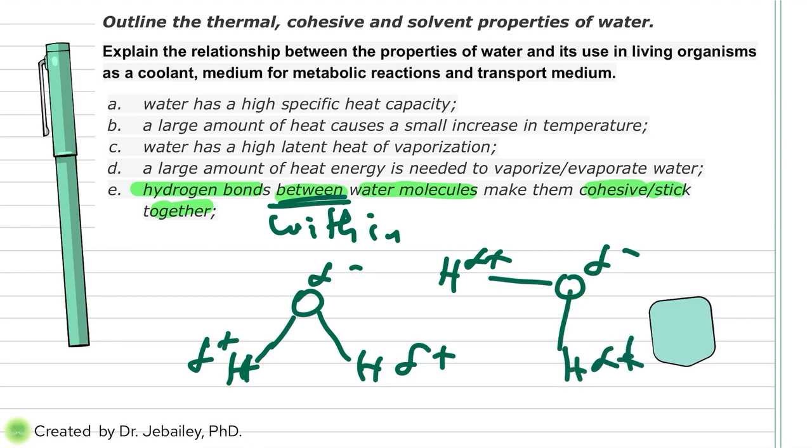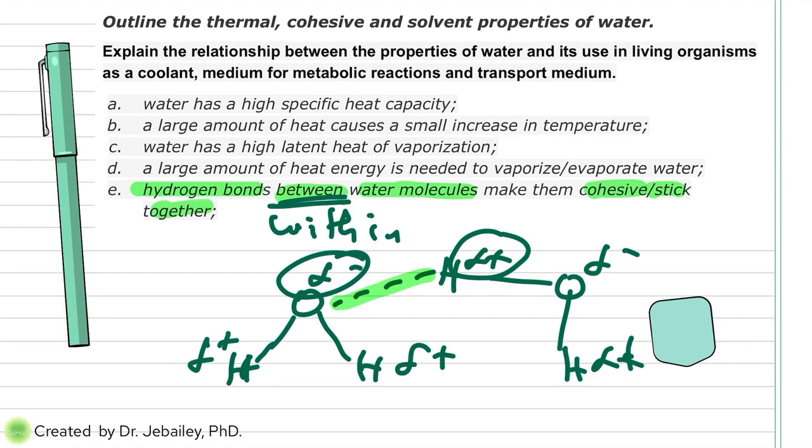You clearly see that when this hydrogen that is positive right here is going to connect with a negative, it is a dotted line. This dotted line right here is a hydrogen bond. And you can see that it is between this molecule and this water molecule. So this line here is a hydrogen bond, and it's not within. If it were within, it would have been a solid line. So you've got to really know the difference between those two.